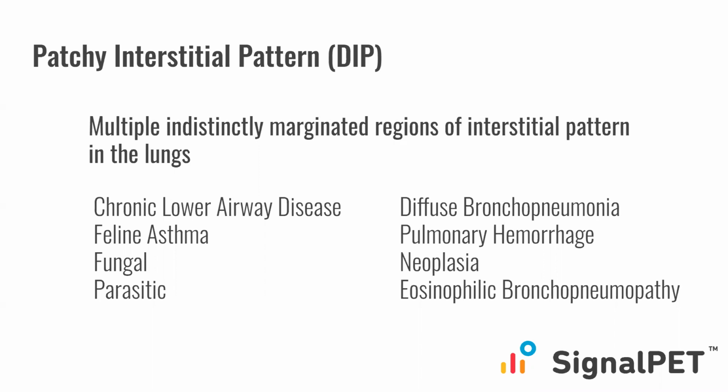Other differentials include diffuse bronchopneumonia, pulmonary hemorrhage, and neoplasia. Neoplasia is still on our list, but one of the interesting things is that neoplasia is typically lower on my differential list for patchy interstitial pattern as opposed to a nodular pattern. And that's another reason I think it's important to differentiate the two. And eosinophilic bronchopneumopathy is another differential.